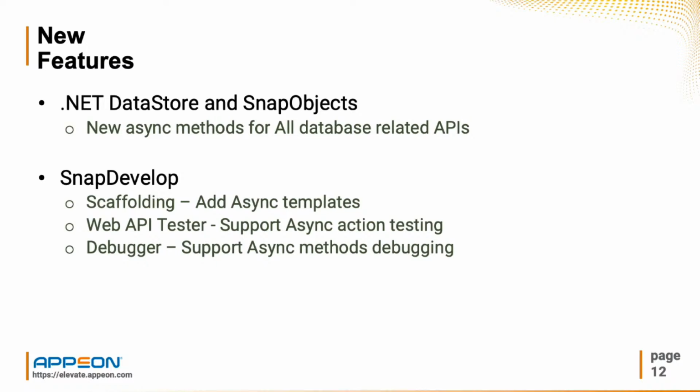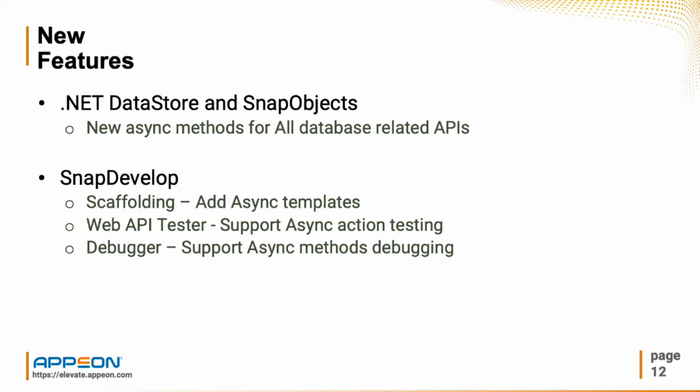So everything that has to do with database methods, for example, the retrieval method, the update method, or the save changes method from the SnapObjects SQLModelMapper. All of these APIs that do some work on the database have all been enhanced.